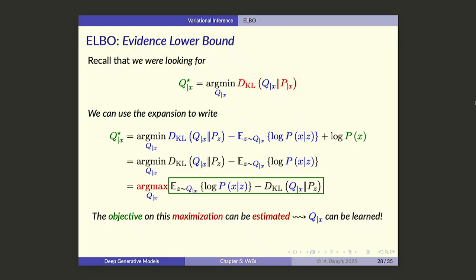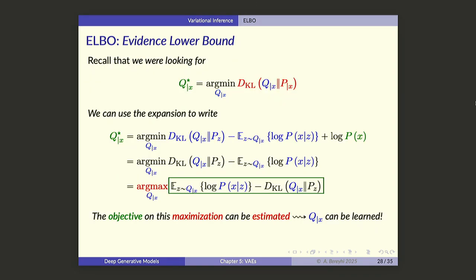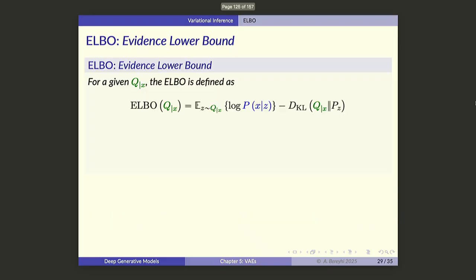Now, this expression that you have here, this is what we call the evidence lower bound, ELBO. The evidence lower bound is essentially this expression that, if I maximize it, is equivalent to minimizing the KL divergence between Q and the posterior, right? The key point about the evidence lower bound is that I can estimate it.